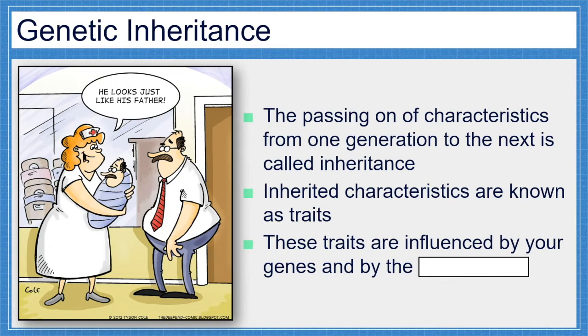Now, the traits that get passed on here, and the traits that we see in people, are going to be influenced by people's genes and the genetics they actually have. But they're also influenced by the environment. As the person or the organism, maybe we're not talking about people, is developing, we also see the environment can have an impact.